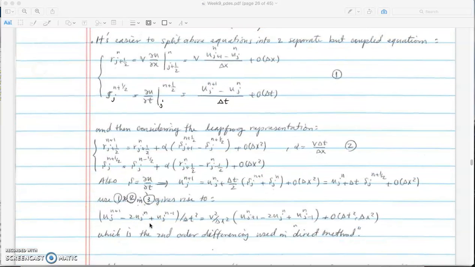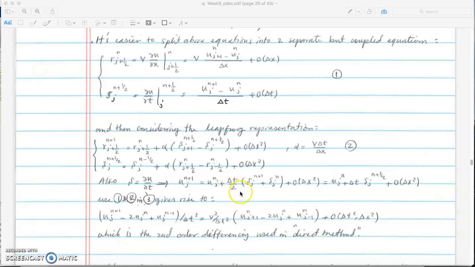All right, the last thing we're going to use is the definition of s, which is du dt. We're going to use a central difference again, so it's going to be u at n plus 1 minus un, divided by del t. On the right side, instead of having s, we center s at the average of n plus 1 and j and n and j.